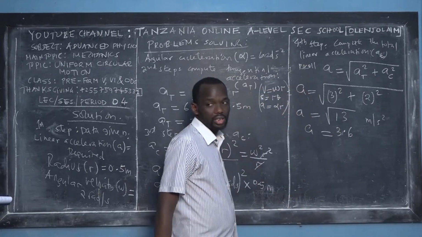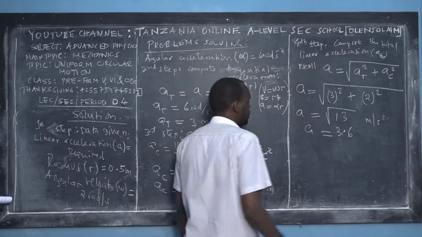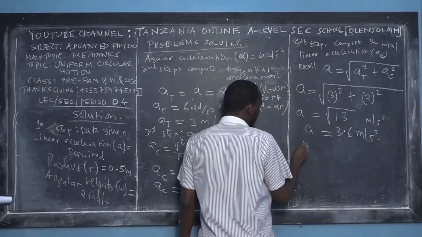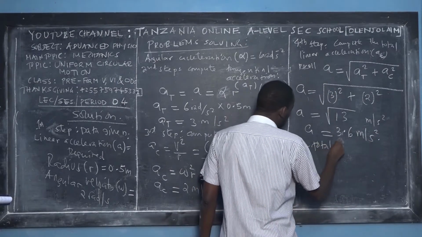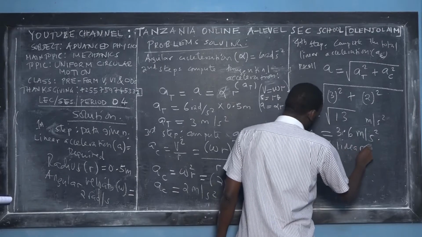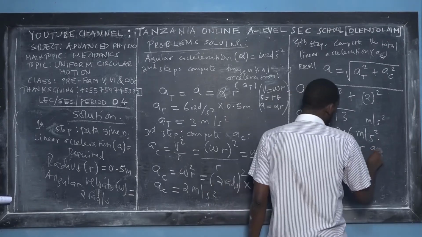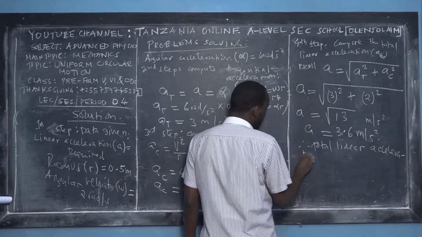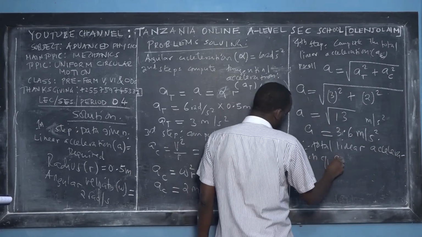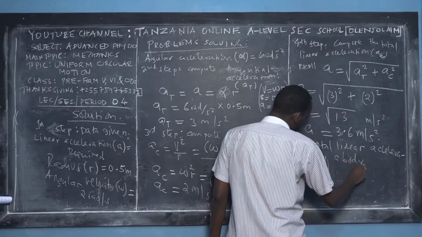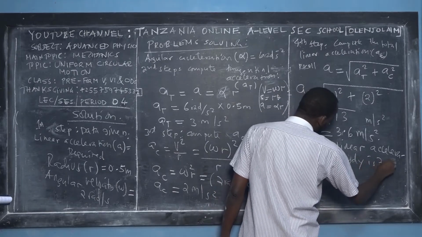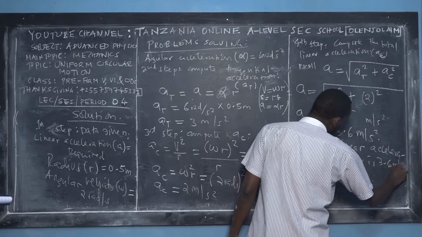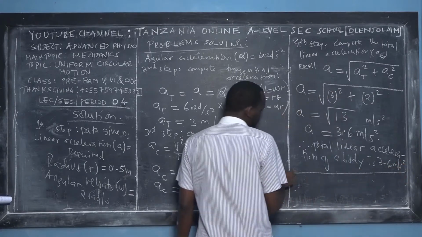Meters per second squared. So you say that therefore the total linear acceleration of the body is 3.6 meters per second squared.